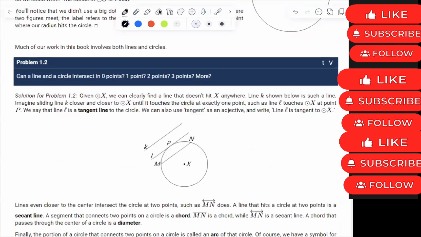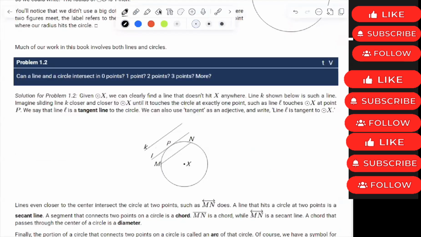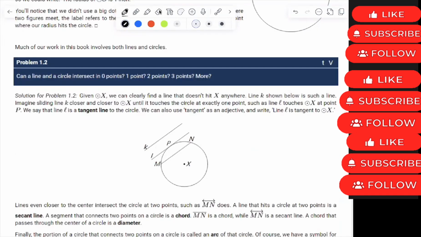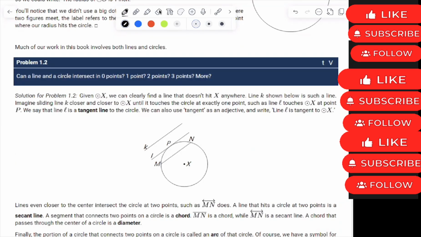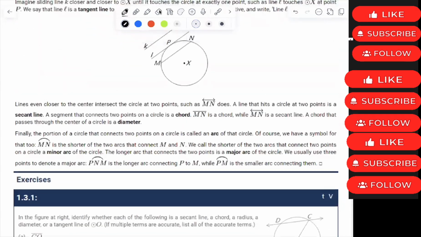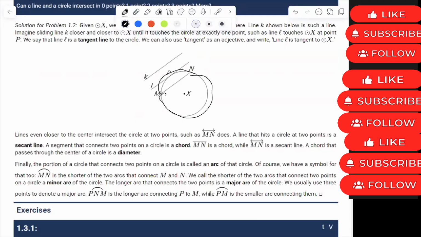And if we have a line that intersects a circle at exactly 1 point, that's a tangent. Can a line and a circle intersect at 0 points, 1 point, 2 points, 3 points or more? At max, it can only intersect at 2 points. That's for sure. And then an arc is this portion of the circle or this portion of the circle.